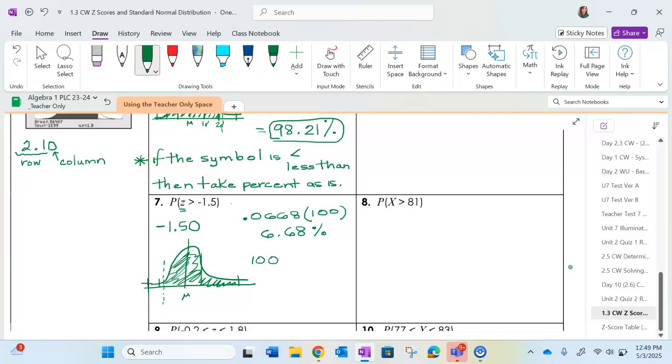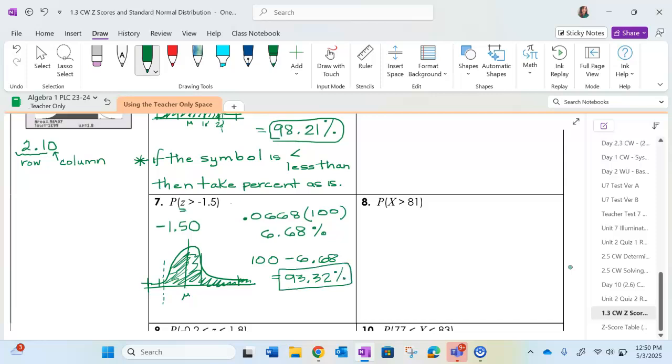But if I take 100% and subtract 6.68, so if I have this whole thing and I take away this piece, my answer is what's left, which is, let me use my calculator, 100 minus 6.68 is 93.32%. That is my answer.